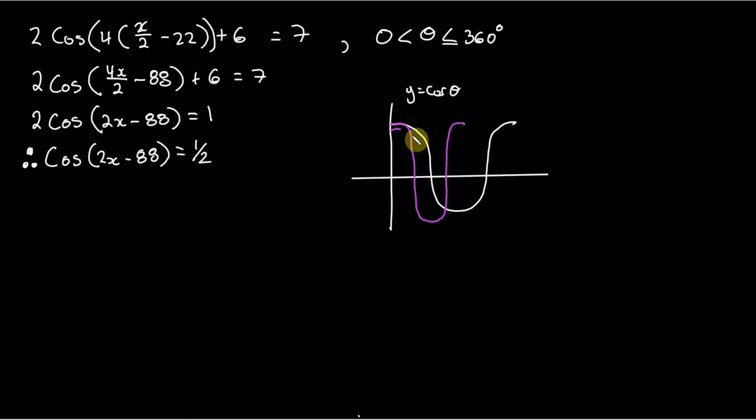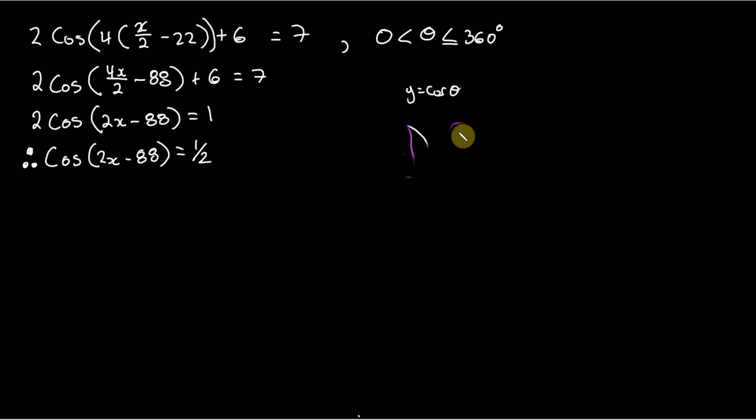And then say it's shifted, say it's shifted this way, or it could be shifted left or right, it doesn't really matter. That's basically what I mean when I say that there's compression and shift.